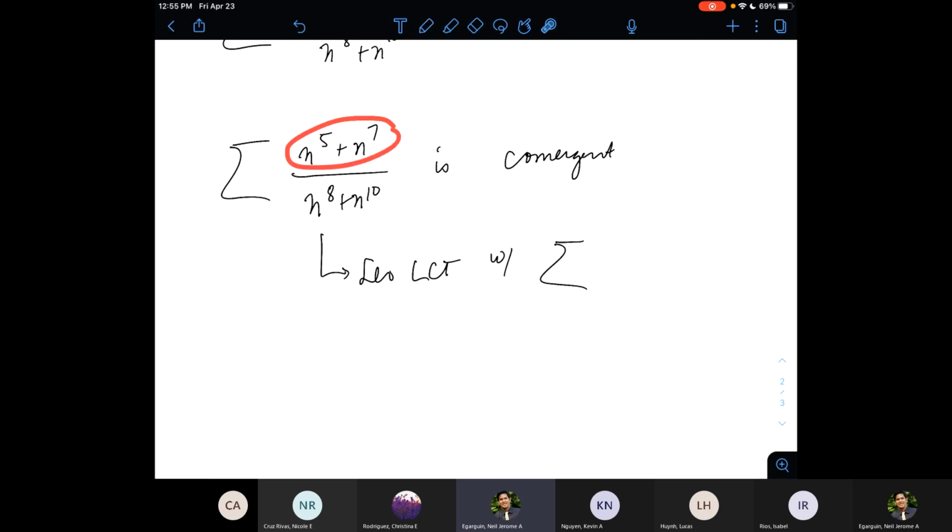Now, the numerator in the long run will behave like n to the 7th because n to the 5th will become eventually insignificant compared to the n to the 7th. In the denominator, the driving force is n to the 10th, the highest power. So this guy will simplify to 1 over n cubed, a p series with p equals 3, which is convergent.